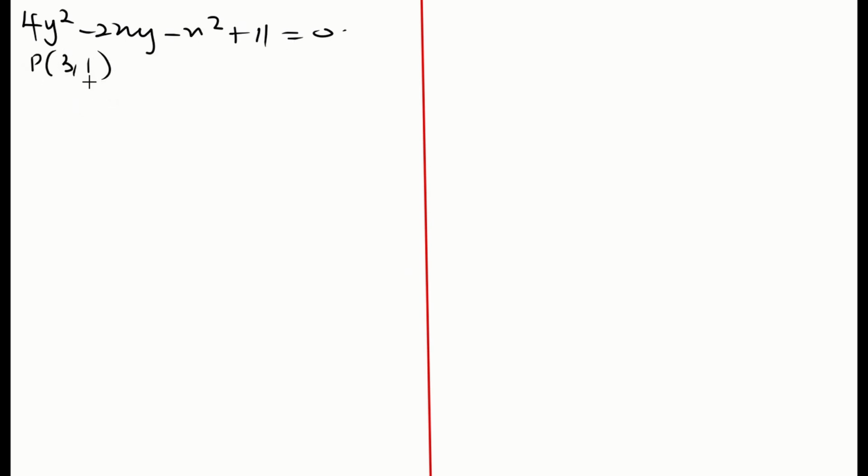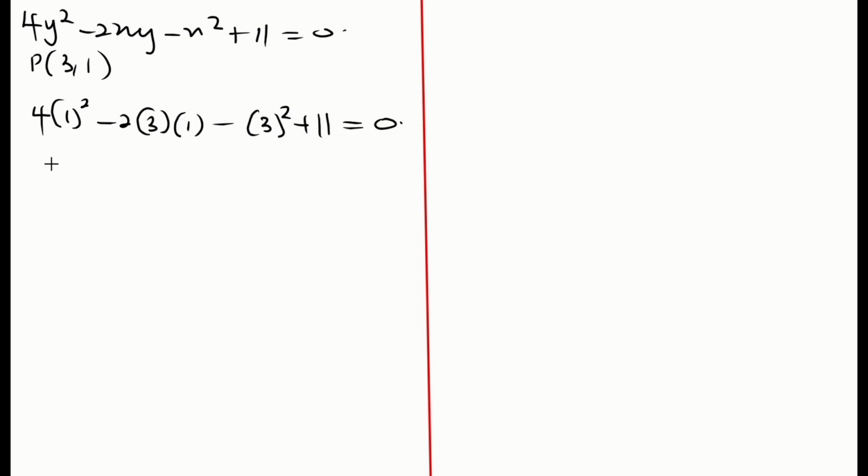So we first confirm that this point lies on the curve. By doing so, we put the point inside the equation to see if the result will surely be 0. Doing that, we are going to get 4 into bracket 1 squared minus 2, first point is 3, so this is 3, 1, minus 3 squared plus 11.